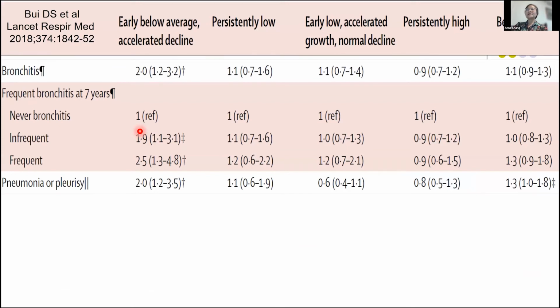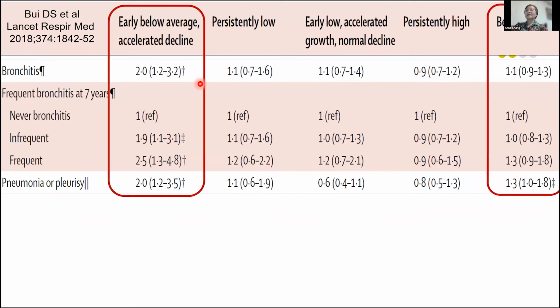If you look at the factors, bronchitis, i.e. chronic wet cough, inflammation, is a factor in accelerated decline, and there's also a dose response. Pneumonia is also a factor with accelerated decline, and so is below average lung function.